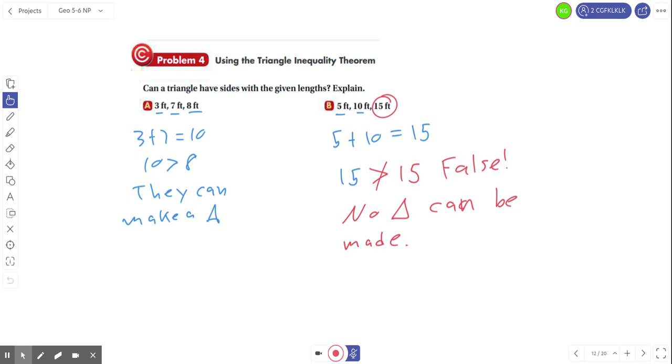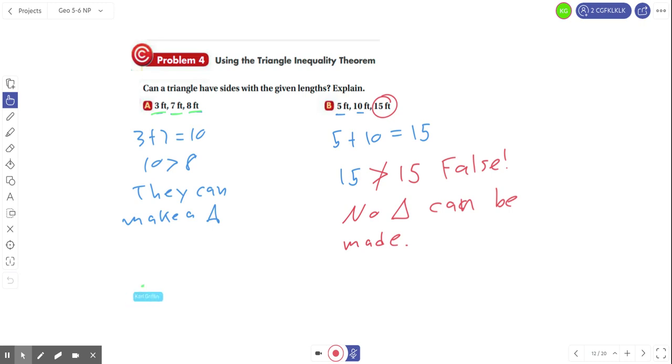Now, a mistake that I often see is, we've done two examples where you had the shorter side and the longer side, and people just assume it's always going to go in ascending order, and it's not, right?